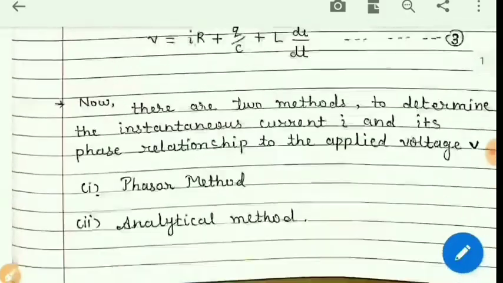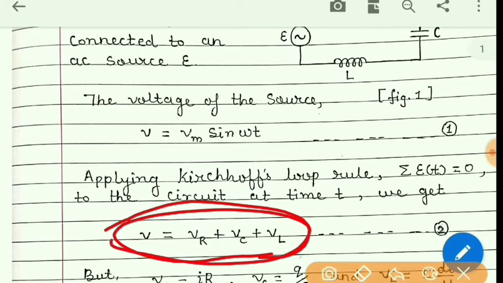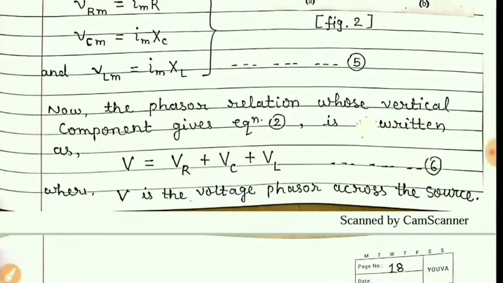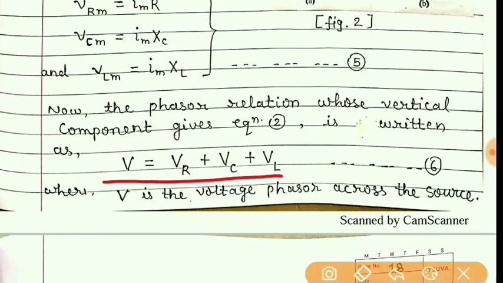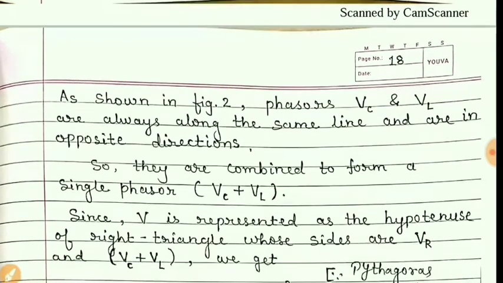This is the same as this, but now the maximum values, or this equation is written in the form of phasors, that's why it is capital V. Now next, as I explained from the figure, the result of VC and VL is given by VC plus VL.